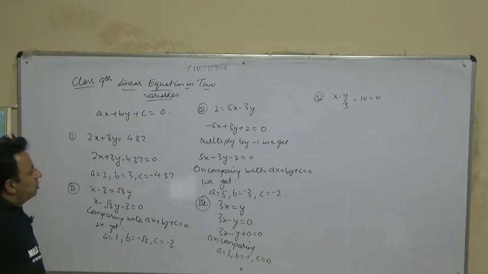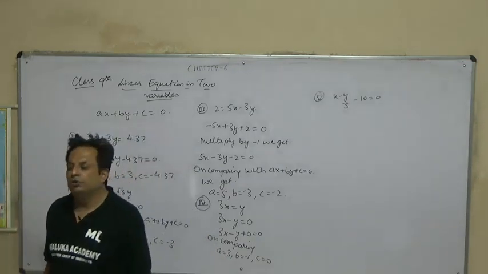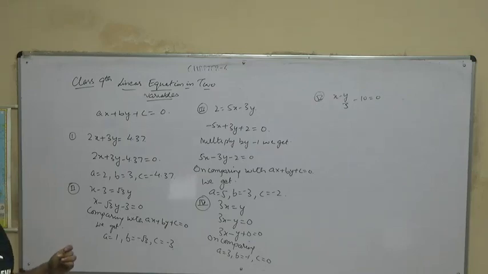Now we have got 5 in the denominator, which we can remove by multiplying the various terms of the equation by 5.